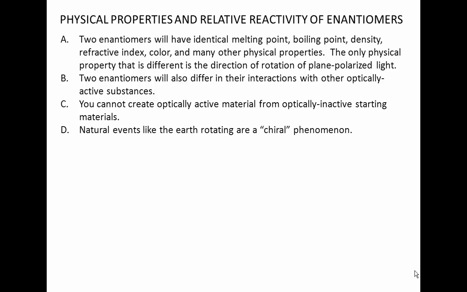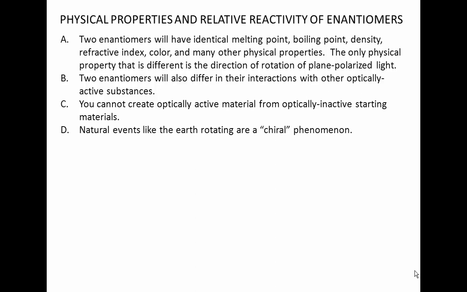Okay, because of these properties, you really cannot create optically active material from optically inactive starting materials. Okay, and we'll look at some implications of that.